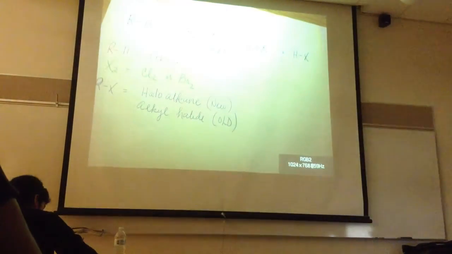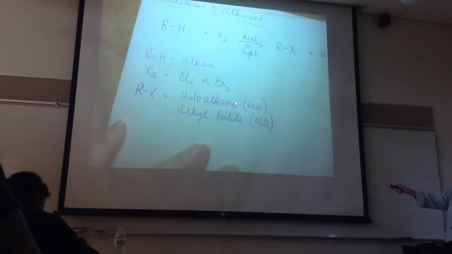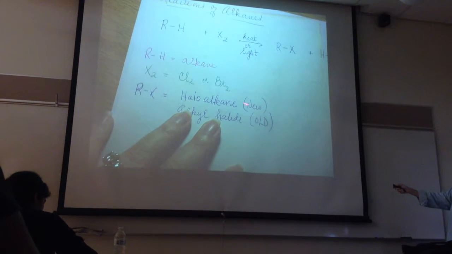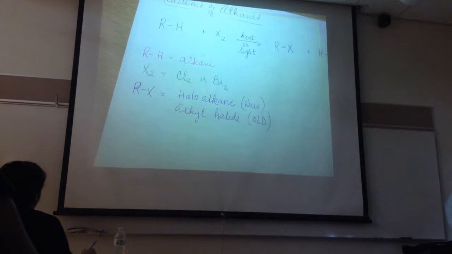Remember how we said that the only halogens that work are chlorine and bromine? Iodine is not going to work, it's too slow, and fluorine is explosive. That's really all that meant to say.